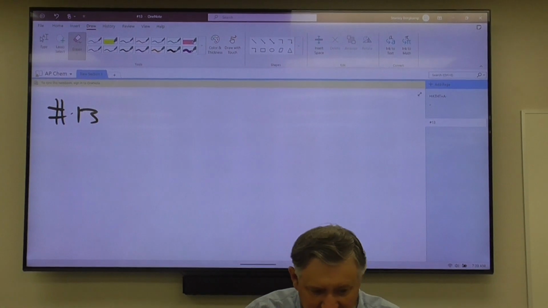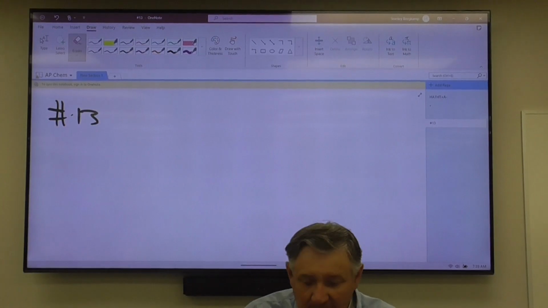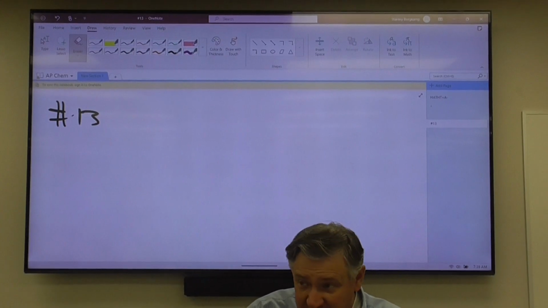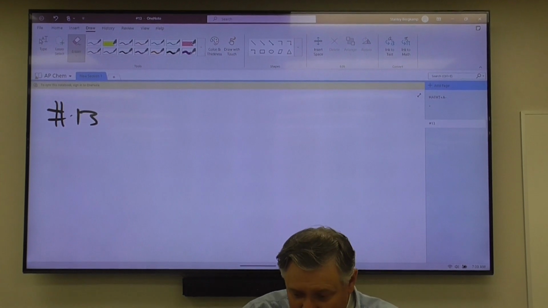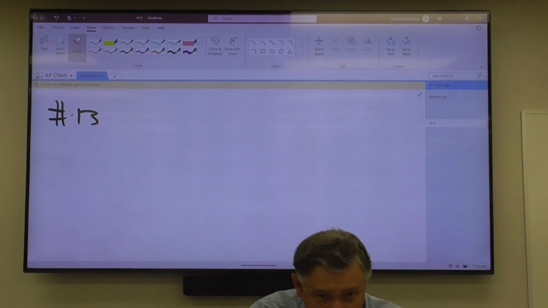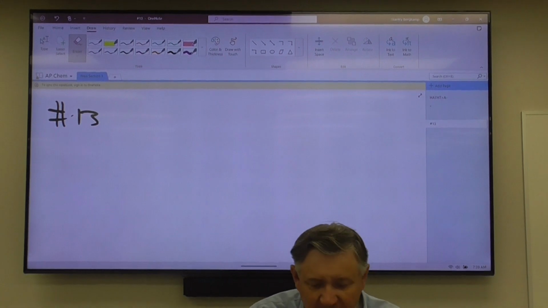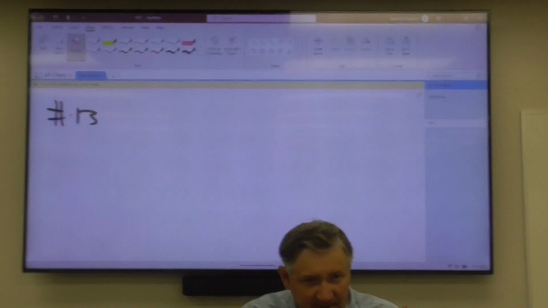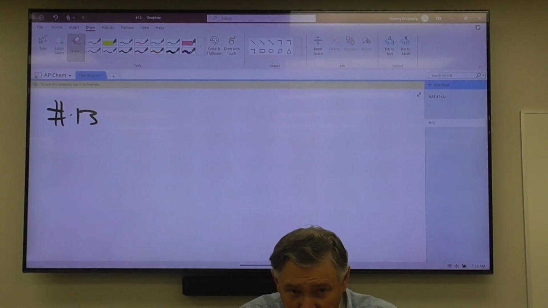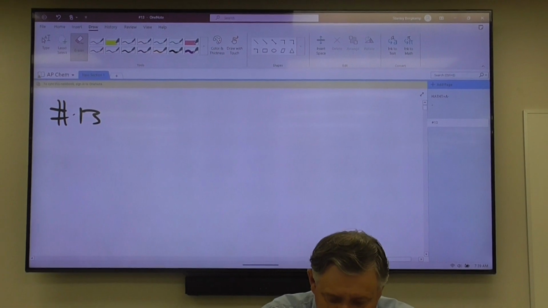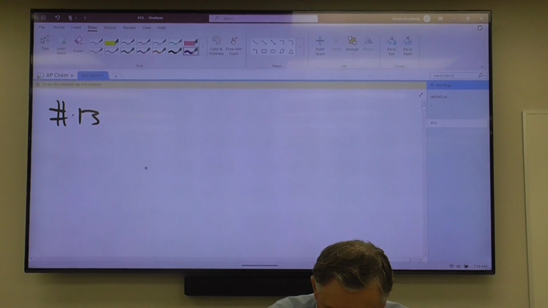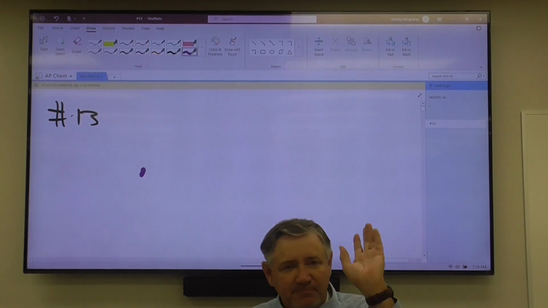So here's the story. Let's say you have number 13. If you just gave me number 13 and said, hey, how are you going to work this problem? This is what I would do. First thing, I would make a sketch of what we call the free body diagram. Free body diagram says, here's this object, whatever it is, a squirrel, a box, pick an object.